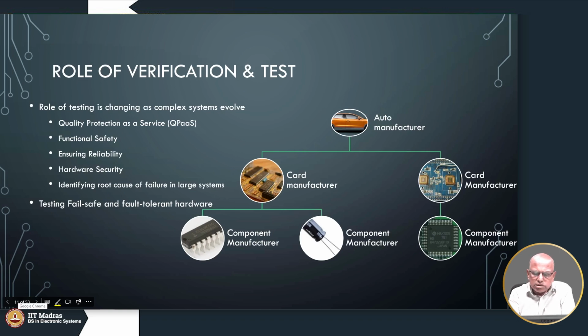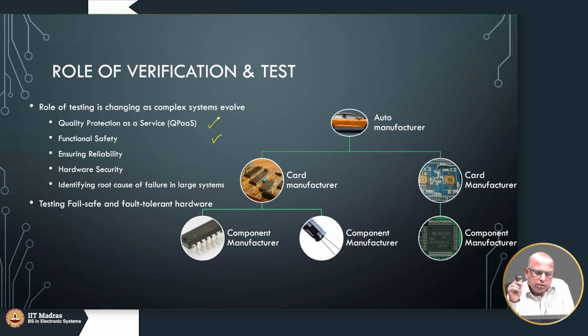So verification and test, their roles have changed over a period of time. In addition to just functional verification, they also have to provide quality protection. So there is a whole term called quality protection as a service. Similarly, they have to worry about functional safety. What is functional safety?